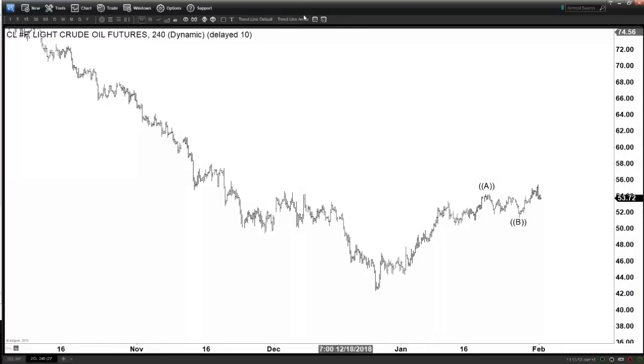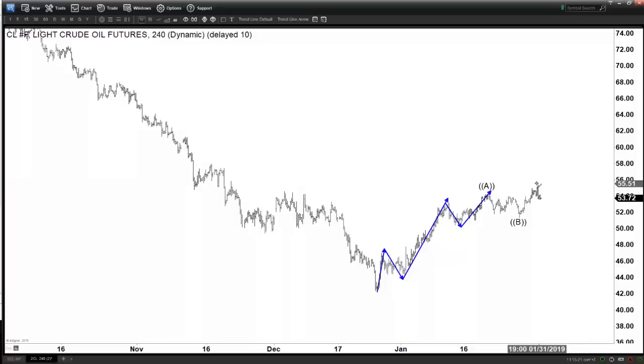So now it is quite clear that we got A here. If this is an A, that means it must be subdivided into 5 waves, and you can see clearly this is 1, 2, 3. Without really going into the details, this looks like a 1, 2, 3, 4, 5, and then you got the correction, the B, and then you got a new high.